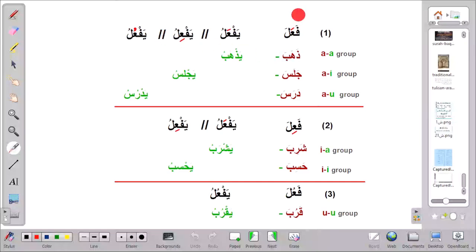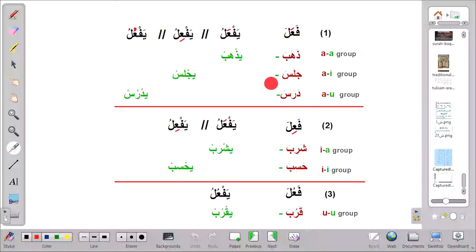So for example, look at these examples, like zahaba. Here we are talking about verbs that have the ain, the middle letter, having fatha. So zahaba, jalasa, darasa. You see, they are all fatha, fatha, fatha.